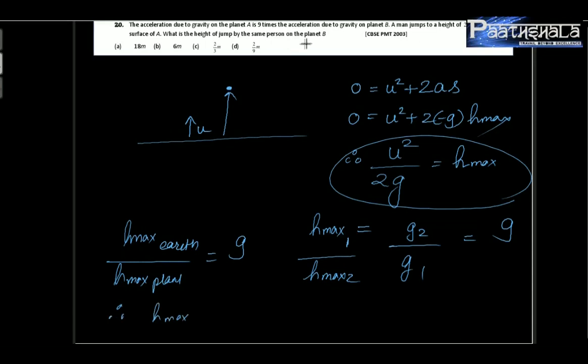Okay, we are assuming that A and B, they haven't given Earth and other planet, they have given HA and HB. So HA upon HB is equal to GB upon GA.